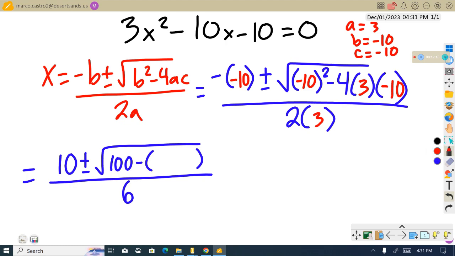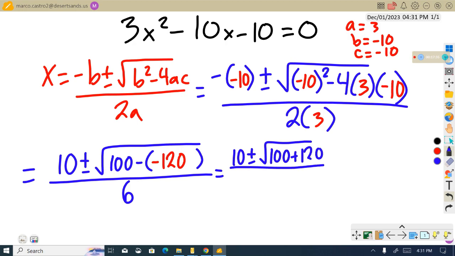And now we have this number that's going to be, like we said earlier, negative 120, when I do 4 times 3 times negative 10. So in this next step, we're going to express just the idea of changing the sign of that double negative, and then we'll combine that into one number under the square root by doing 100 plus 120 is 220.